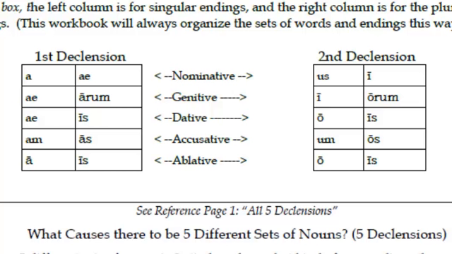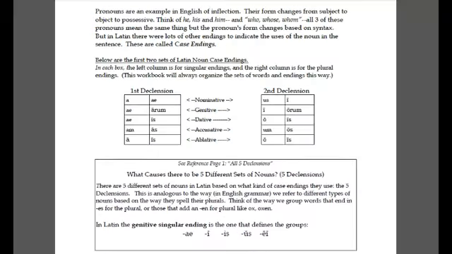There are a total of 5 different sets of nouns, but for the first few weeks, all you need to devote yourself to is learning the first and second declension. In each box, the left column is for singular endings and the right is for the plural endings. This workbook will always organize our sets of endings this way, with the left column being singular and the right column being plural.